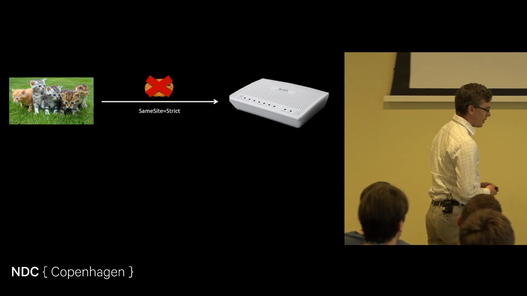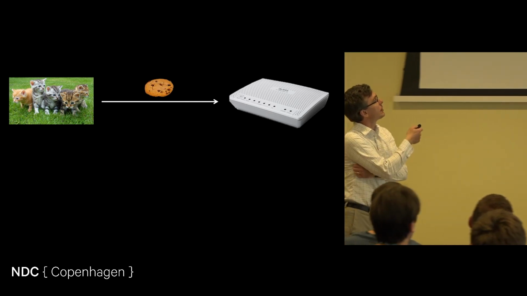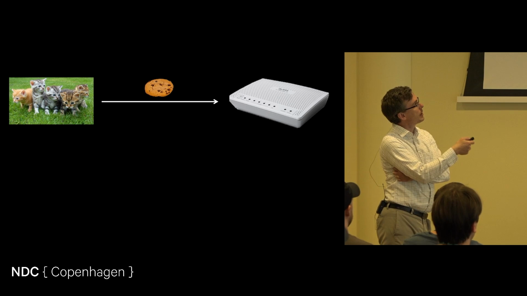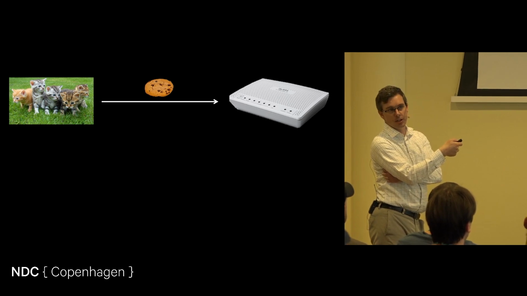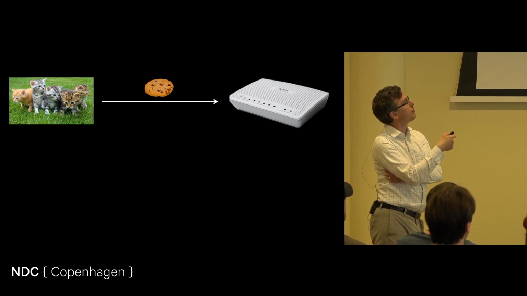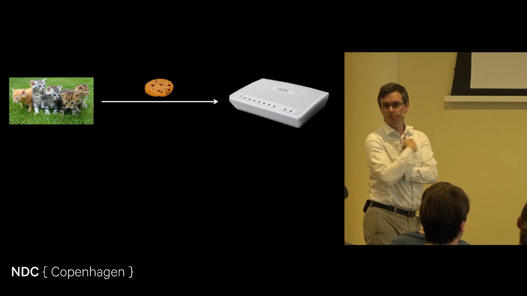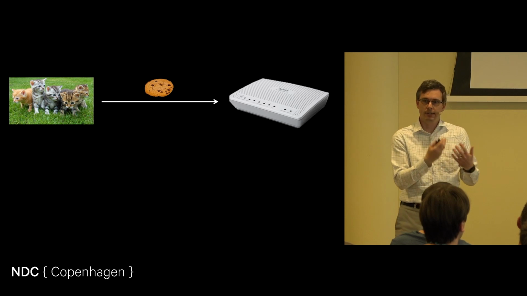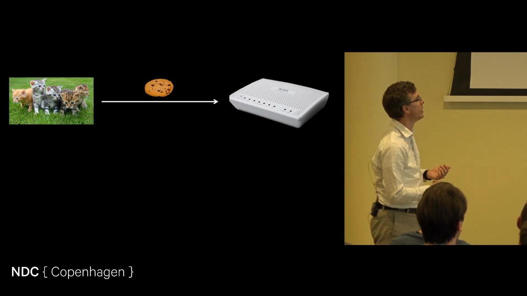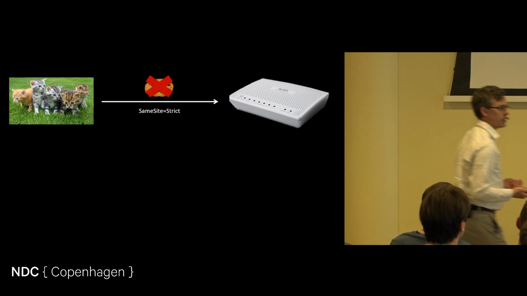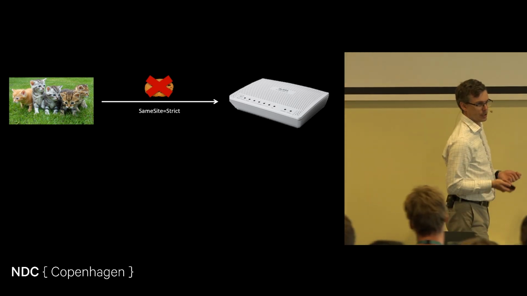So previously, the kittens relied on the fact that the cookie is submitted solely based on the destination address. The browser doesn't validate that it's the kitten sending the cookie and not me having loaded the real settings form of the modem. With SameSite strict, that is changed. So the cookie is no longer sent.